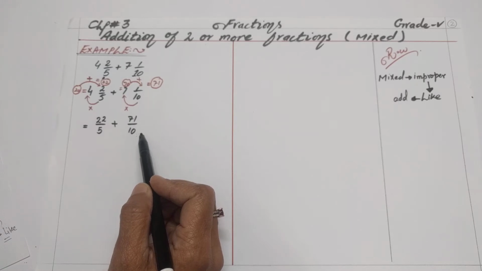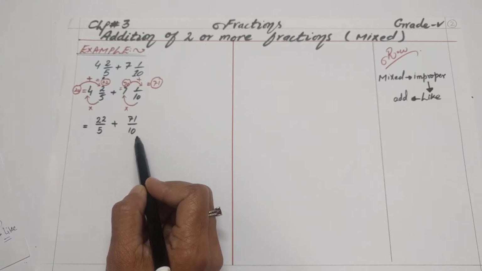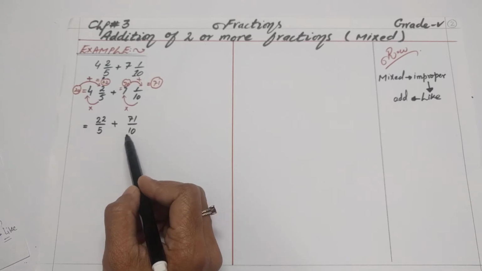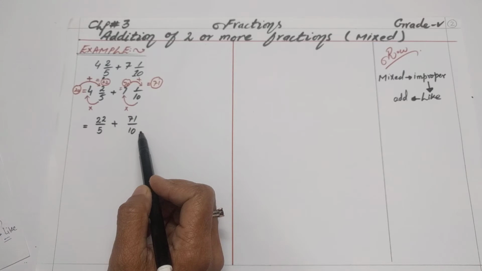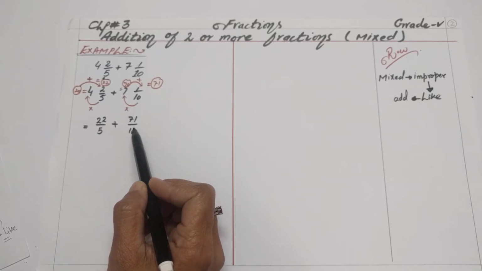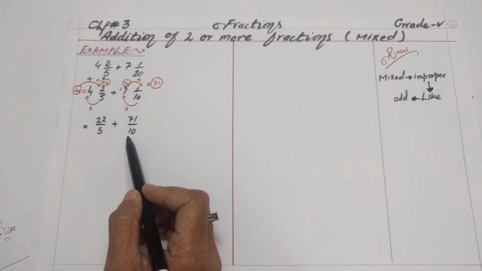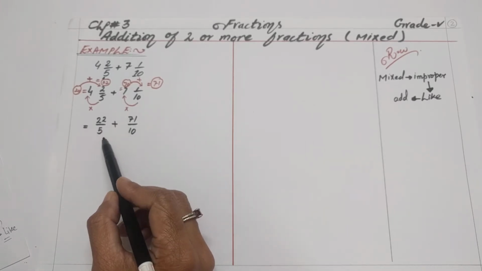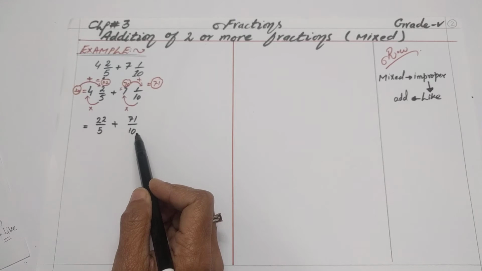How can I add them? The denominators of these two fractions are not the same, so we have to make them the same, converting unlike denominators into like denominators. In the previous video I already told you how to do this by the LCM method. Can I do that?